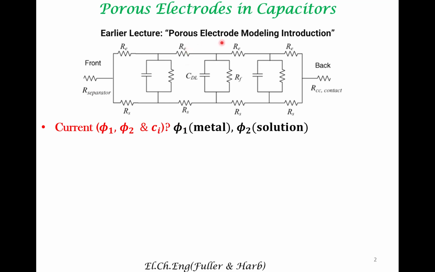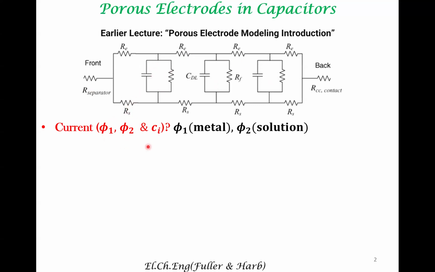So in the context of batteries, the question we were addressing was, what is the current in a porous electrode as a function of the following quantities. The electronic conductor will have a potential distribution, and the electrolyte within the porous electrode will have a potential distribution, and there can be a concentration distribution within the electrolyte within the porous electrode.